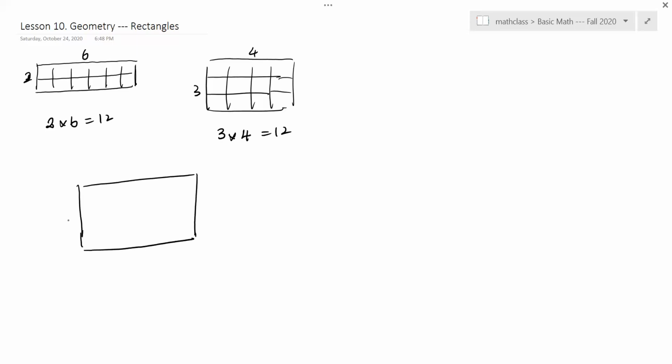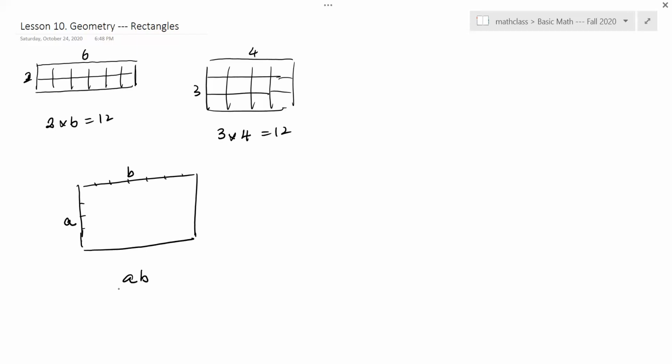This side let's call A, and the other side B. B means how many units along this side, and A is how many units on this side. So the product gives you the total number of squares.